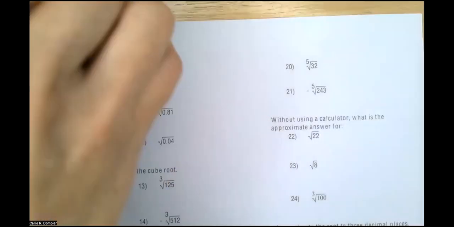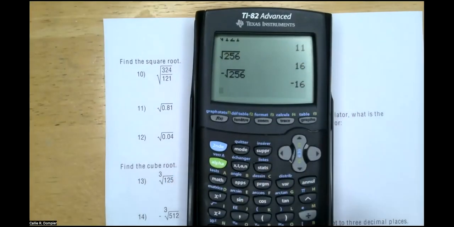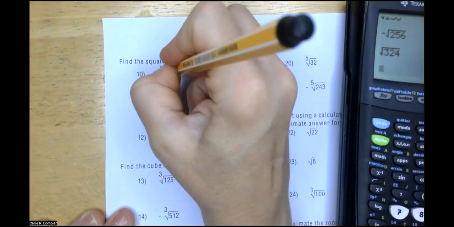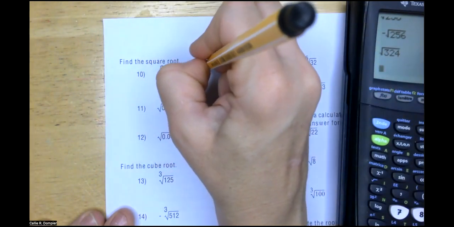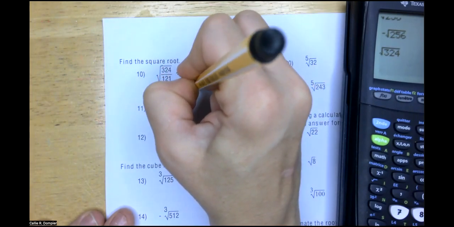Number 10 is asking us to find the square root of 324 divided by 121. Let's just hope 324 is a perfect square, and it is. It's 18, right? So we're going to say the square root of 324 divided by 121 is the same as the square root of 324 divided by the square root of 121.